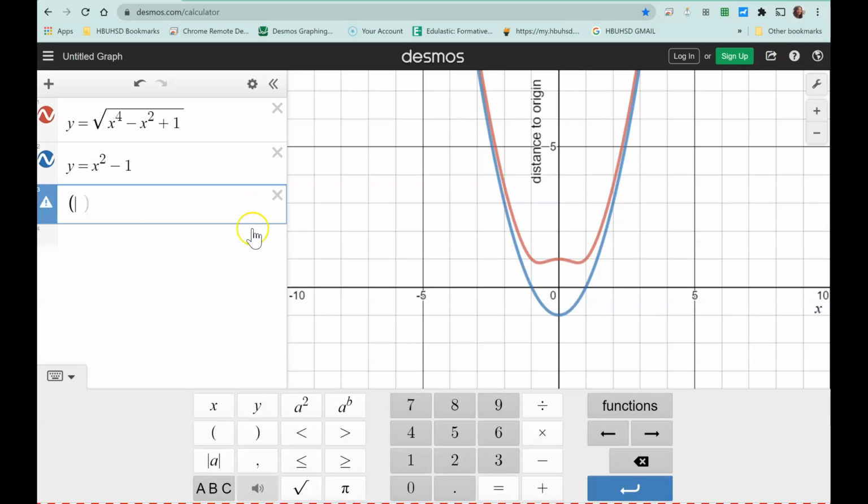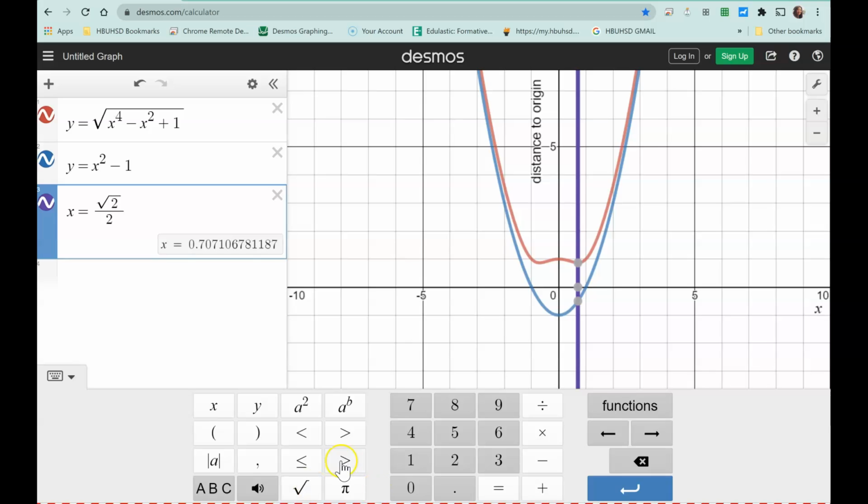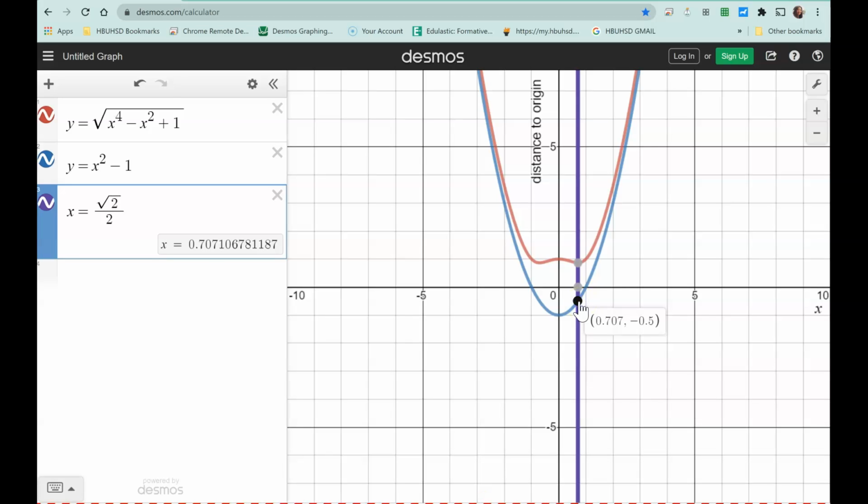Actually, sorry, I'm going to graph out another graph. X equals radical 2 divided by 2. Okay, so here's where the rad 2 over 2 intersects. Can you see this? So this right here, it's rad 2 over 2.